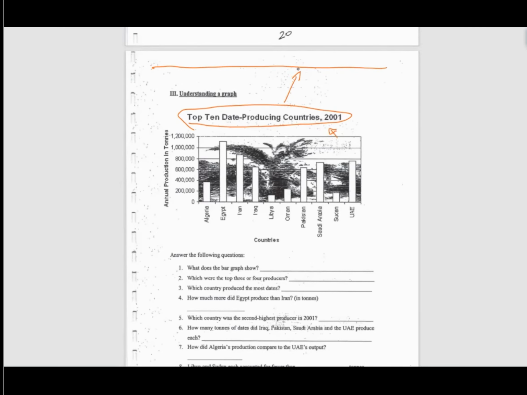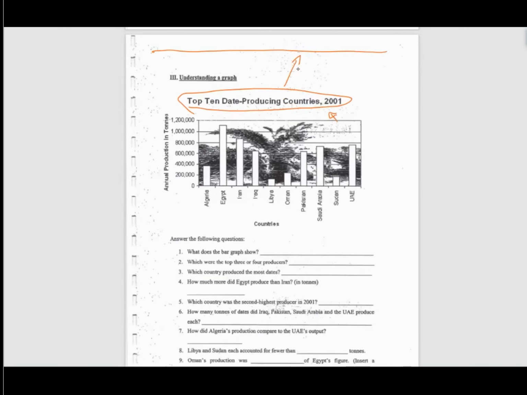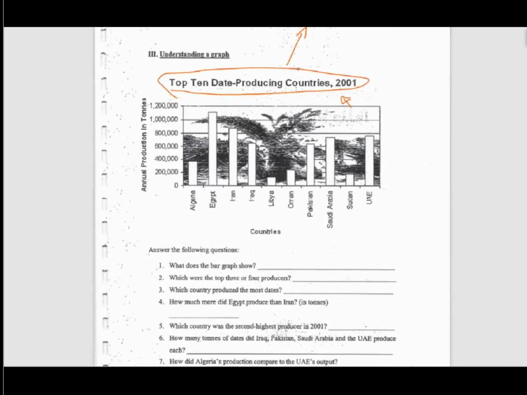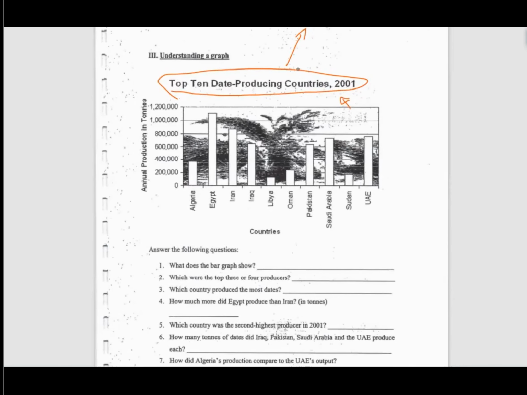So this is about top 10 date producing countries. The countries that produce date. Okay? Is Oman one of these countries?